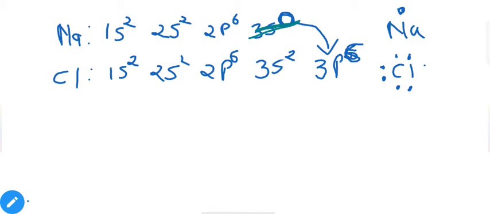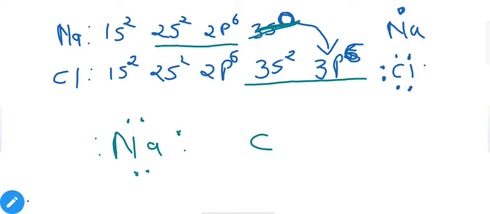The new outermost orbital for sodium will be the second orbital, which contains 8 electrons, so the symbol of sodium will be 8 dots around sodium. And for chlorine, it now also contains 8 electrons, so the new symbol for chlorine will be 8 dots around chlorine as well. But sodium is now a positive ion, and chlorine a negative ion.